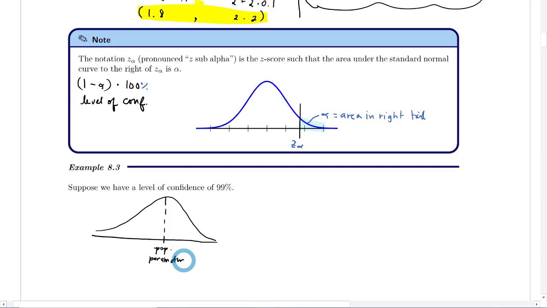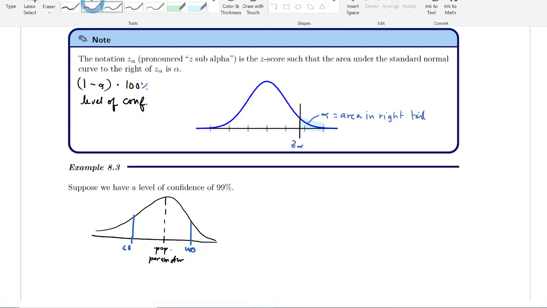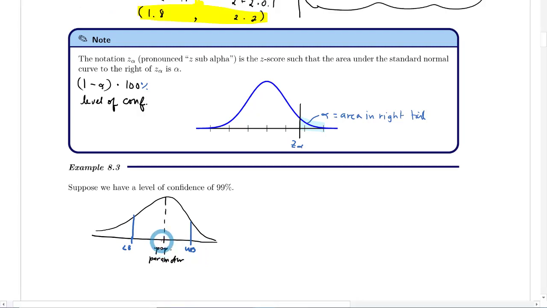And if we're 99% confident that the population parameter lies within two values, then this is the middle 99%, right? Where the distance from the population parameter to the lower bound or to the upper bound is the margin of error, right?